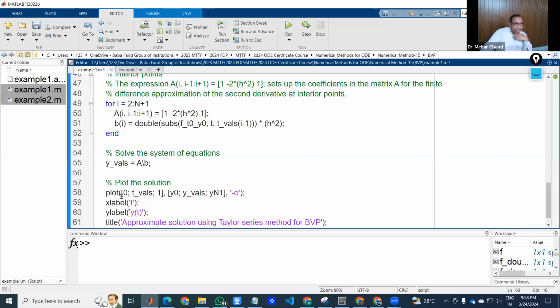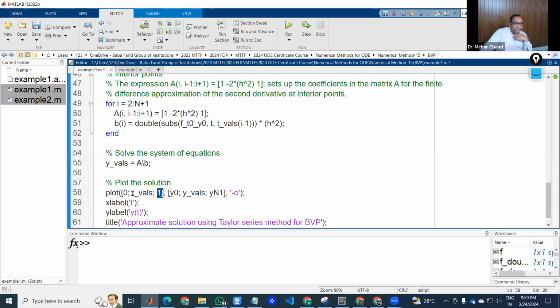So here you can see to plot, t from 0 to 1, and here y0, these are for t. So 0 and 1. At this place we have only the interior values. Keep in mind these are only the interior values, but for the boundary points, this is 0 and this is 1.